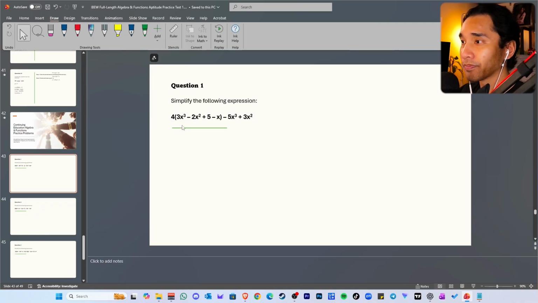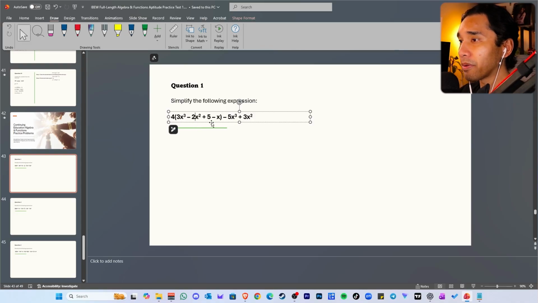For example, 3x cubed minus 2x squared: the exponents are different. If the minus 2x squared was minus 2x cubed, then we could combine the 3x cubed and the minus 2x cubed, and that would just equal x cubed, 1x cubed.